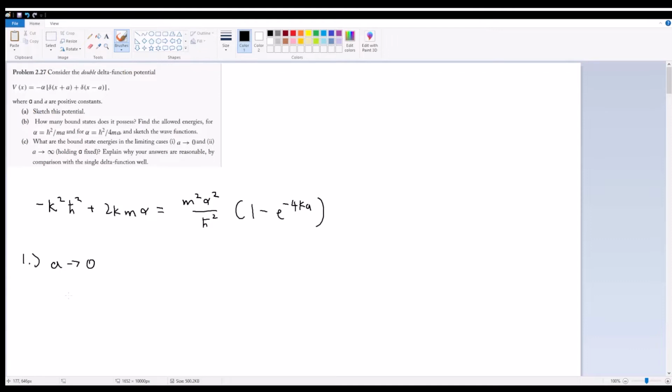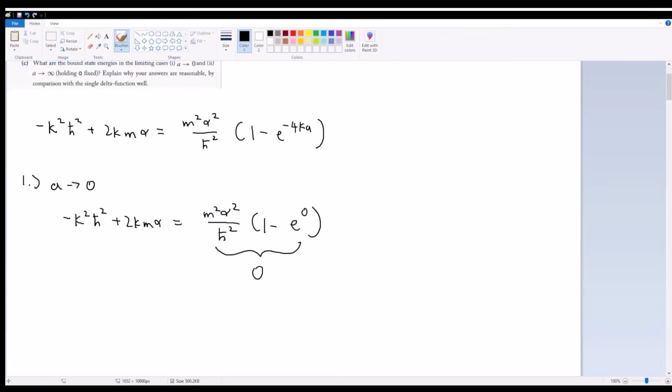Let's look at the first case, which is that a is approaching 0. In that case, negative k squared h bar squared plus 2k m alpha is equal to m squared alpha squared over h bar squared times 1 minus e to the power of, now, since a is going to 0, this is just 0. 1 minus 1, this entire thing goes to 0.